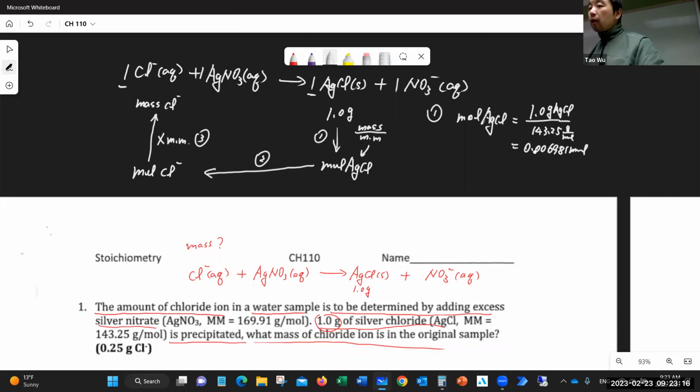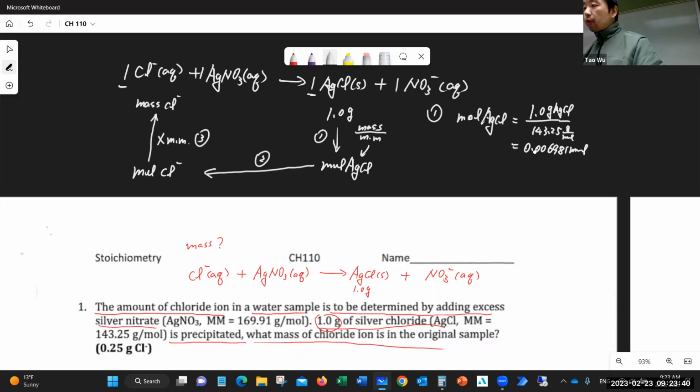Now once you have the mole of silver chloride, based on the stoichiometry you should be able to figure out the mole of the chloride ions. Remember, we just did that. How did we do this? It's a 1:1 ratio, right?